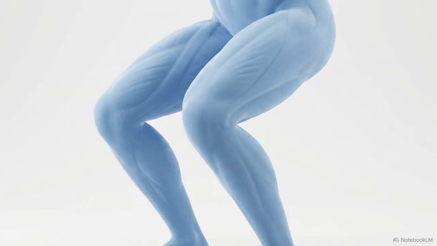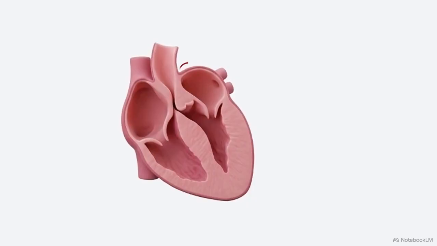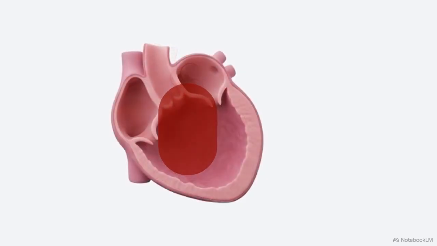We can confirm this physical model by applying the exact opposite hemodynamic stress, having the patient squat down. This action mechanically compresses the veins in the legs. Returning to our left ventricle model, that leg compression forces a massive surge of pooled venous blood upward, rapidly flooding into the chamber. This sudden influx of fluid acts like water filling a balloon. The sheer volume pushes the hypertrophied walls outward.